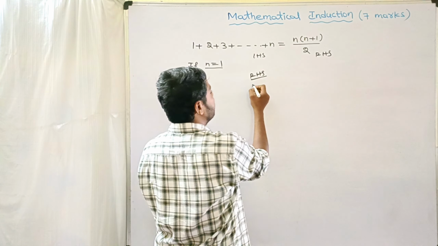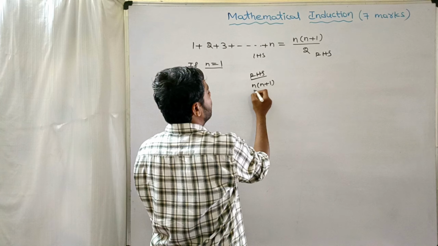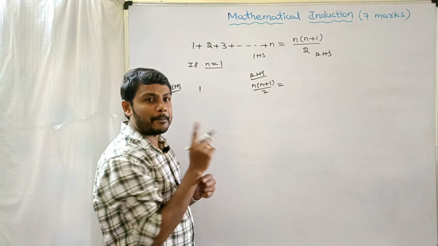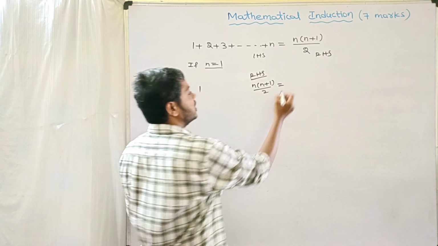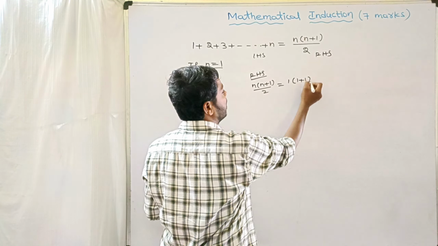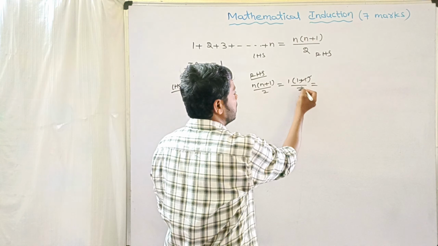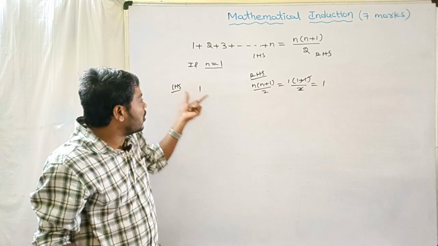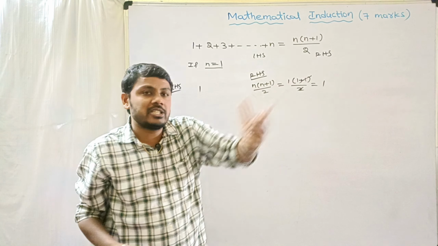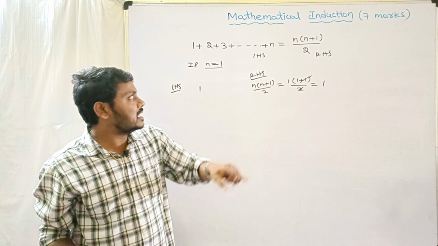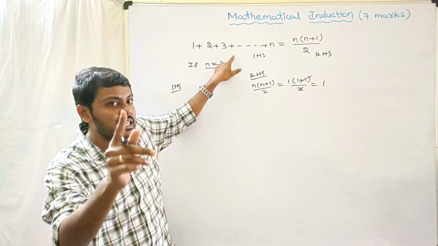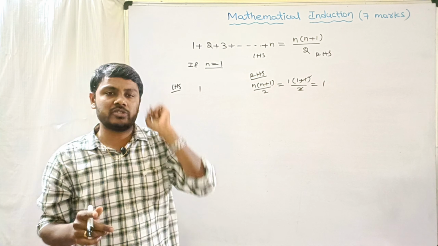N into n plus 1 by 2. Replace n by 1, that is 1 into 1 plus 1 by 2, which is 2 by 2, clearly 1. So both LHS and RHS are equal. So we can say that the given statement is true for n equals 1.